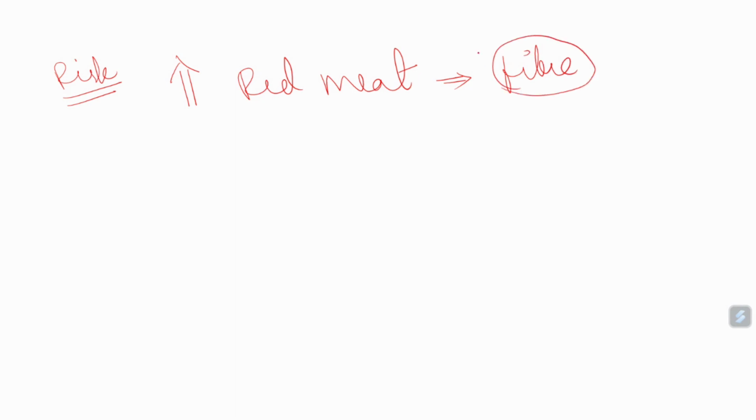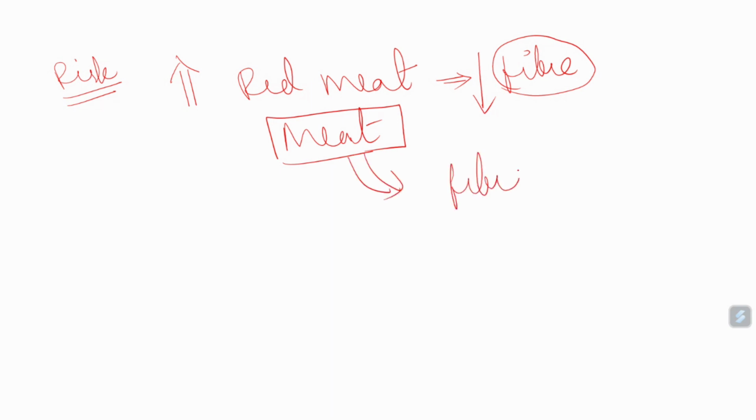So whatever fiber-less diet you are taking, there is a risk of causing cancer. Carcinogenesis chances are very, very high. Any kind of meat is always a risk. So whenever a patient takes meat, always remember to take excess fiber. You have to remember this point.